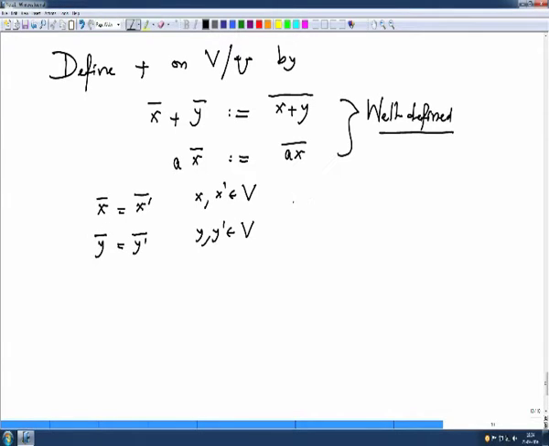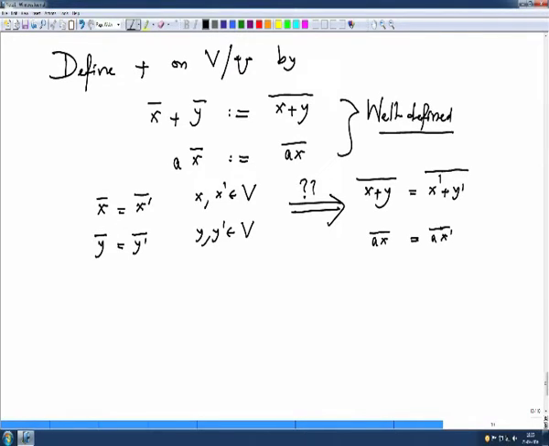Then we should check, this is the main problem to check, that (x + y) bar equals (x prime + y prime) bar, and also we have to check that for any scalar a, (a x) bar is the same as (a x prime) bar.